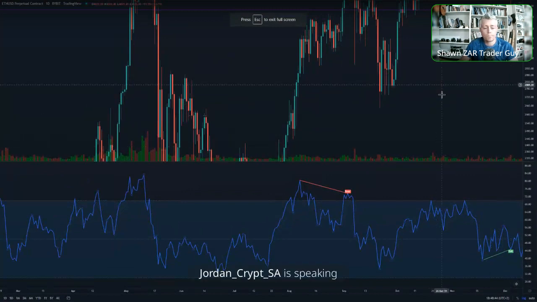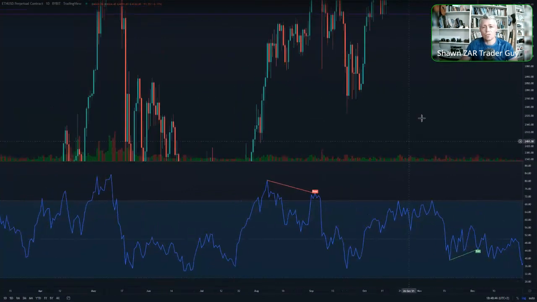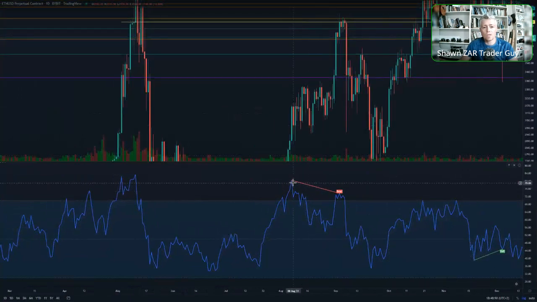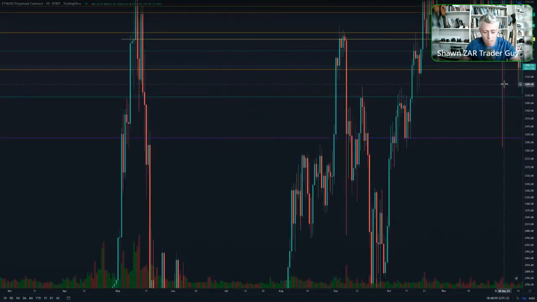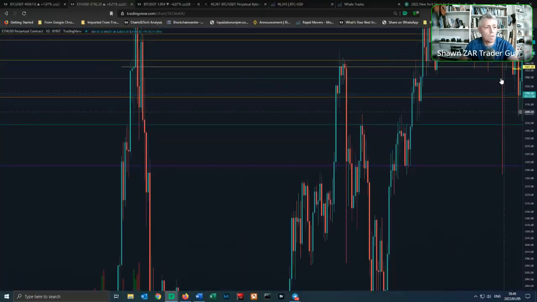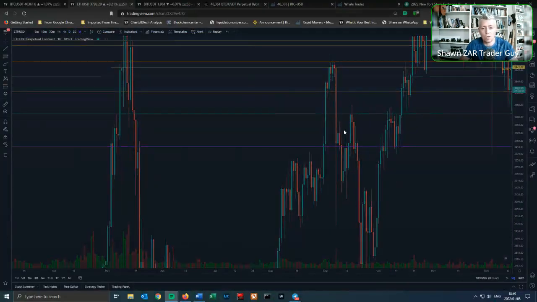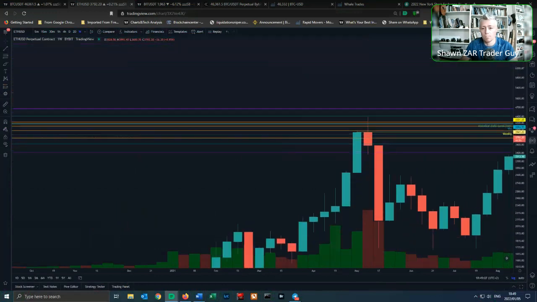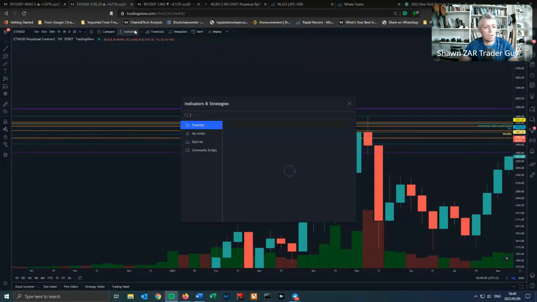Beautiful. Okay. Thank you. So you can see on this chart that when Bitcoin reaches oversold or overbought territories, sometimes it's a good time to sell. But let me just take that out of full screen and change it to a weekly chart, because we'll be able to see that a lot better.